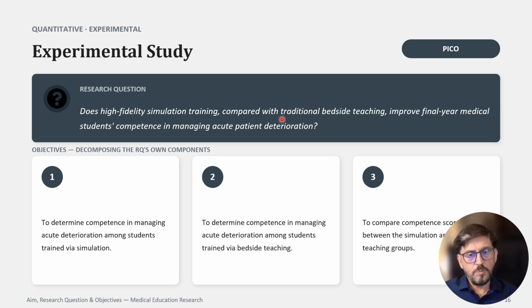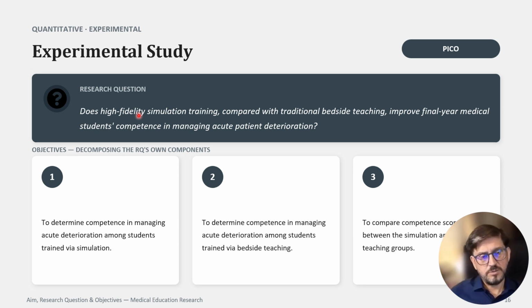The comparison group is traditional bedside teaching, and the outcome is improved competence in managing acute patient deterioration. And you can also see that the research objectives are again based on the research question. So you can read through it.